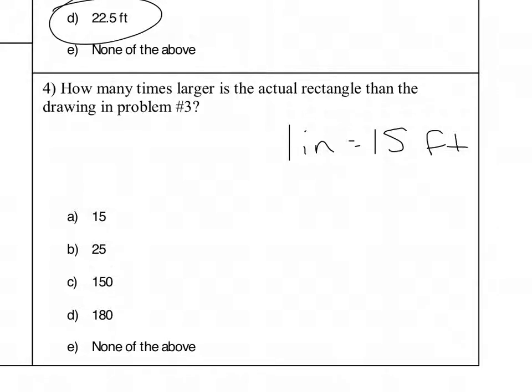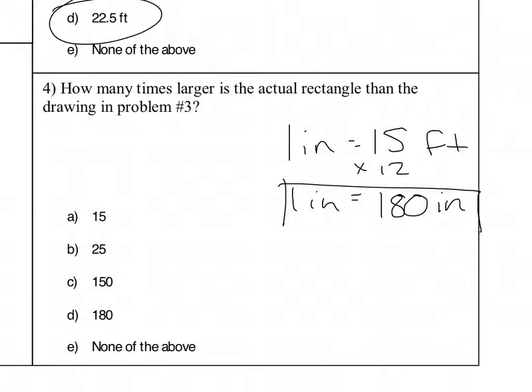In order to know how many times larger, I need to convert this so they all have the same units. 1 inch is equal to how many inches? I need 15 feet. There are 12 inches in each foot, so 15 times 12 is going to give me 180 inches. So 1 inch is equal to 180 inches. So this is 180 times larger.